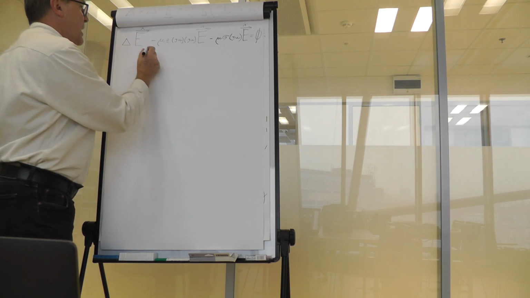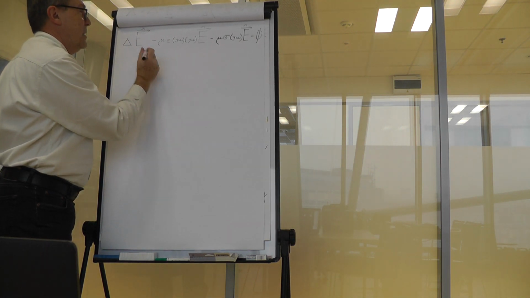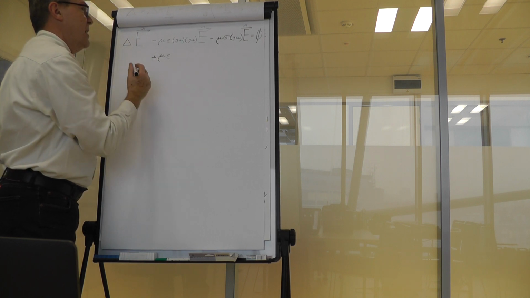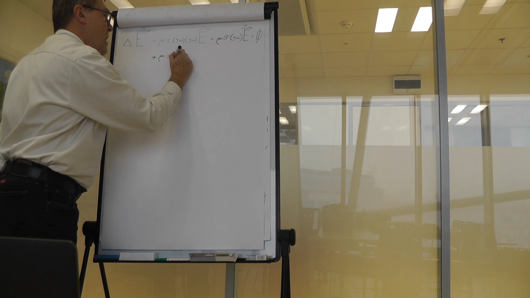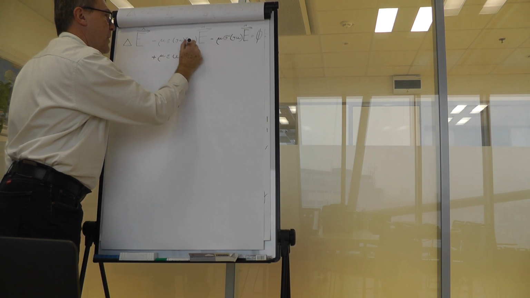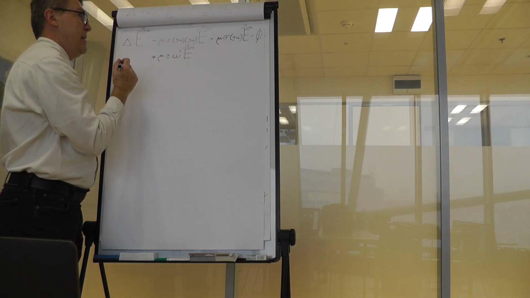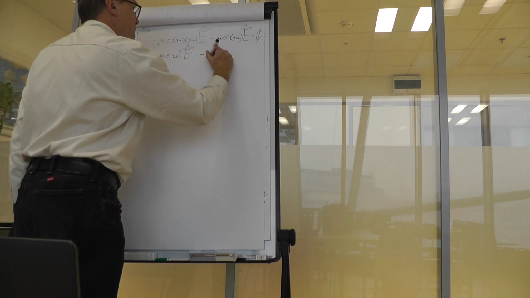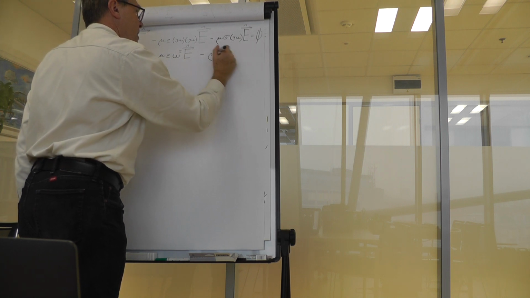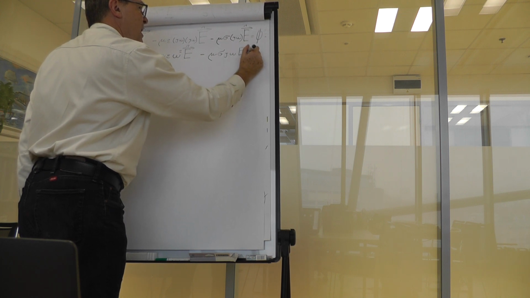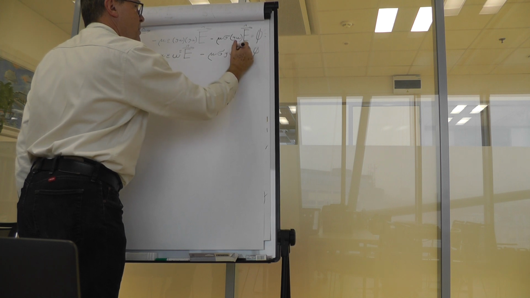So our equation gets to plus mu epsilon omega squared E vector phasor minus mu sigma j omega E is 0.